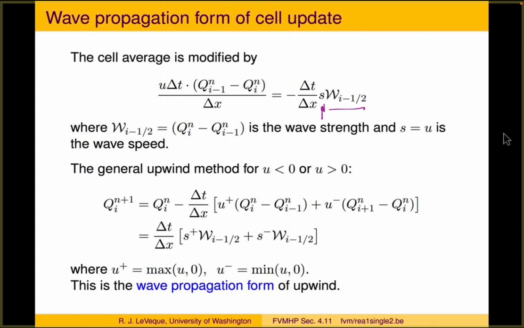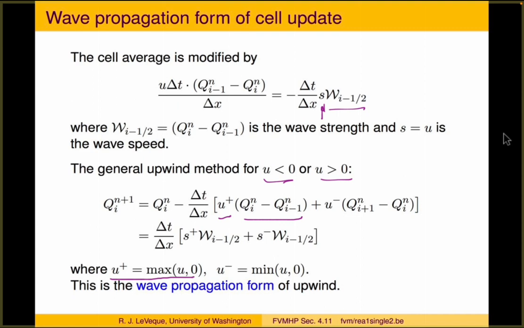And so the Upwind method we've seen a couple of times, but here's a slightly different way of writing it that works now whether u is negative or positive. You can look at it as the positive part of u times the jump in q between qi and qi minus 1. So u plus is u if u is positive, or 0 if u is negative.